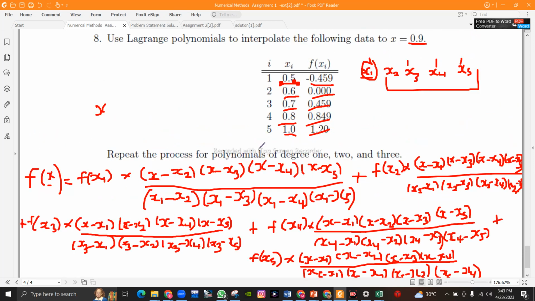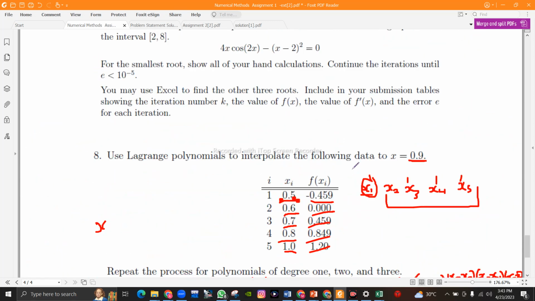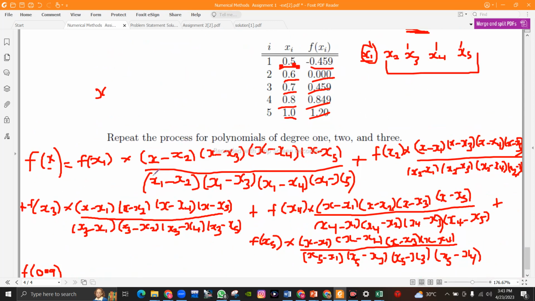So how should we do it? Let's write it here. F of 0.9, because we are interpolating at 0.9 as they told us. Interpolate at this point is 0.9. So that's why I'm using 0.9. x is 0.9. All this x, they are 0.9.